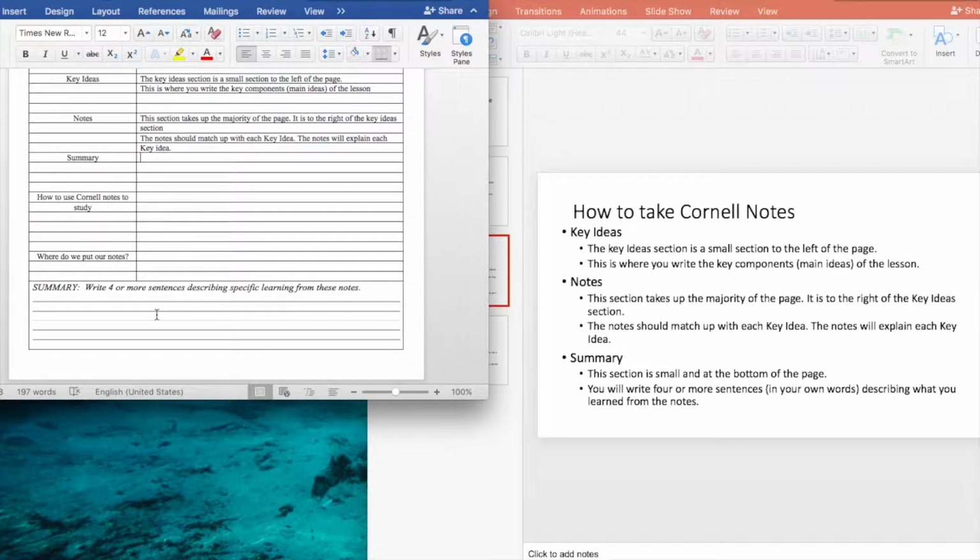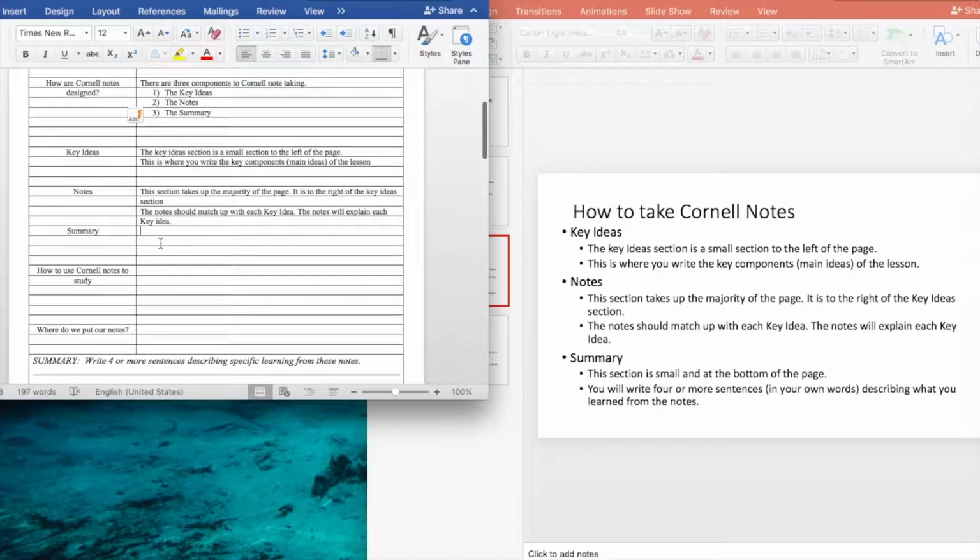And you'll write 4 or more sentences in your own words describing what you learned from the notes. I don't want you copying from your friends. I don't want you copying word for word what I wrote. I want you to describe to me what you learned. All right? So this section is small and at the bottom of the page.